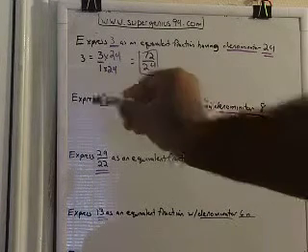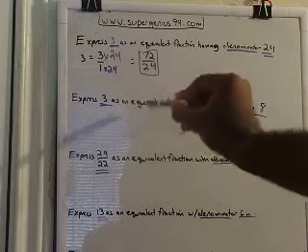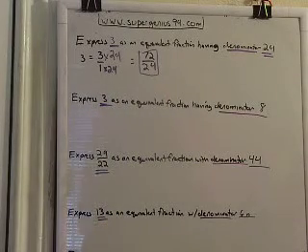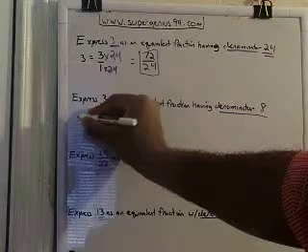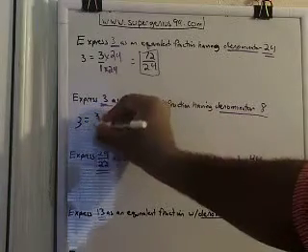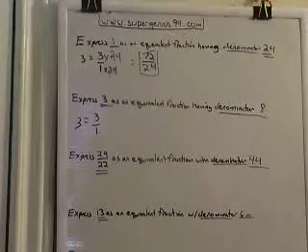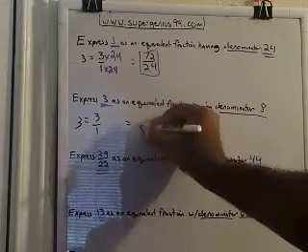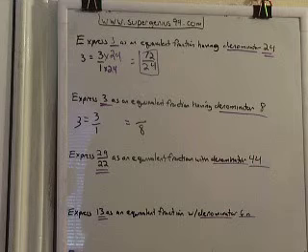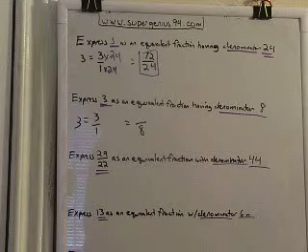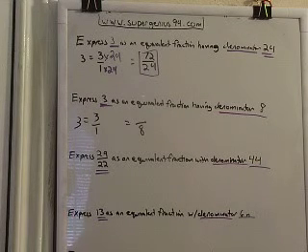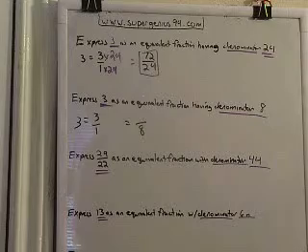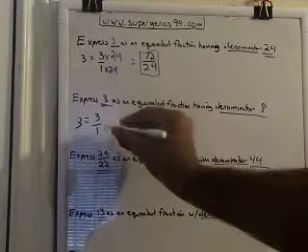Let's do another one. Express 3 as an equivalent fraction having denominator 8. So to turn 3 into a fraction, you just set it over 1. You know that you want the new denominator to equal 8. So you look at the old denominator and say, what times the old denominator will give you the new denominator? What times 1 gives you 8?